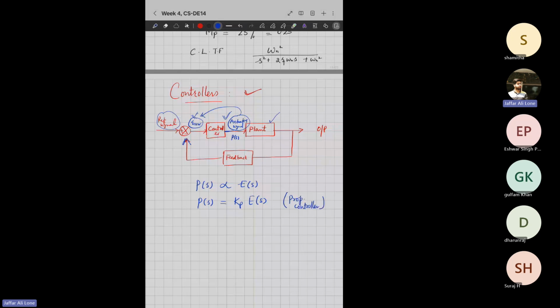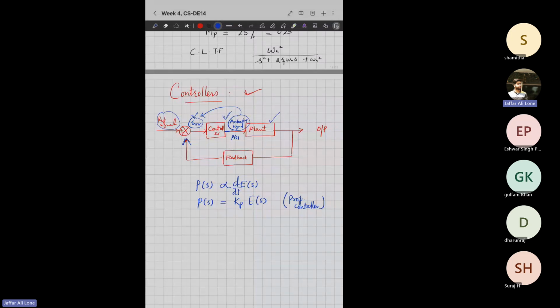If my actuating signal is directly proportional to the integral of error, then my controller is called integral controller. If my actuating signal is directly proportional to the derivative of error, then my controller is called derivative controller.